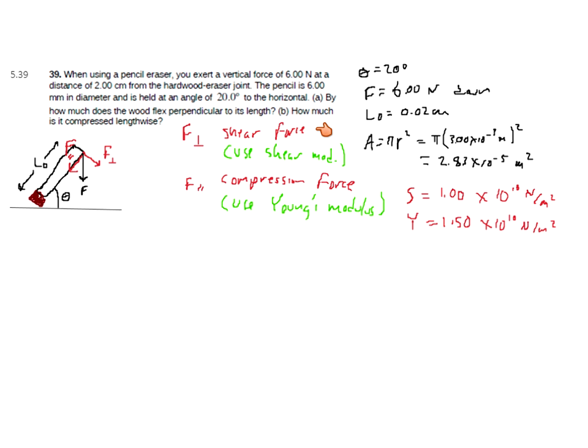So this is the stress, and then the strain is how it's affected. So delta x here is going to equal 1 over S times the perpendicular force over A times L0.